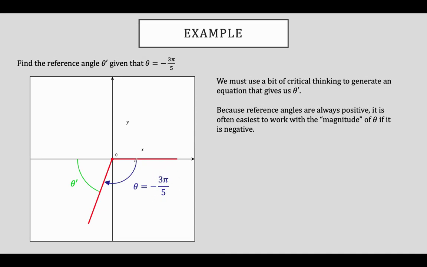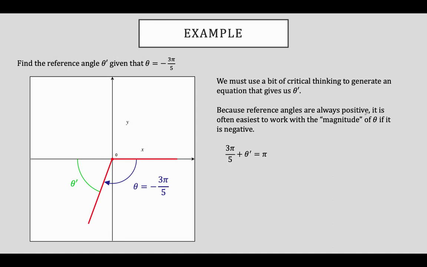We know that if I take this angle here, the magnitude of it, that'd be 3 pi over 5, and add the angle theta prime, we have to end up with pi. That is a half of a revolution. Now, yes, I know it's going in the clockwise direction, but again, we're just talking about magnitudes here because reference angles are always going to be positive.